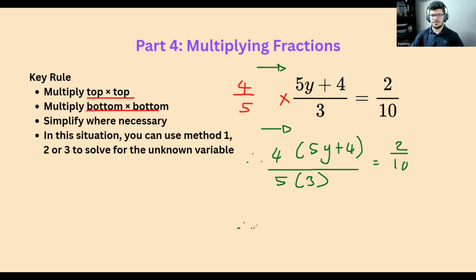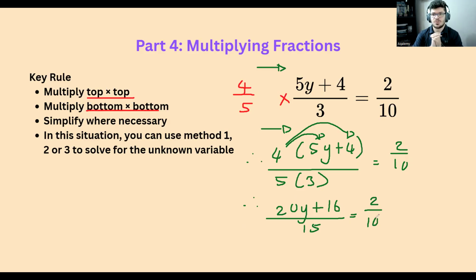Let's reduce our fractions. 4 times 5y, 4 times 4 itself. So we have 20y plus 16 over 15 is equal to 2 over 10.